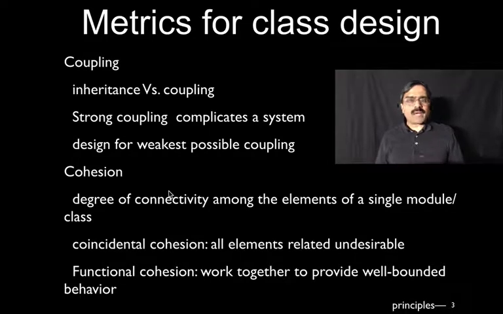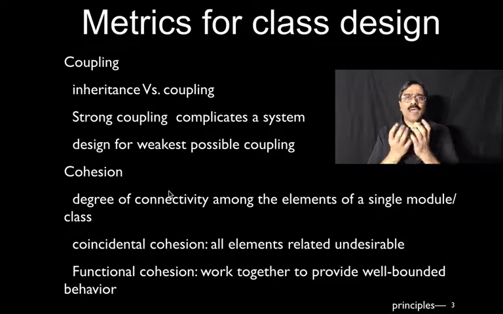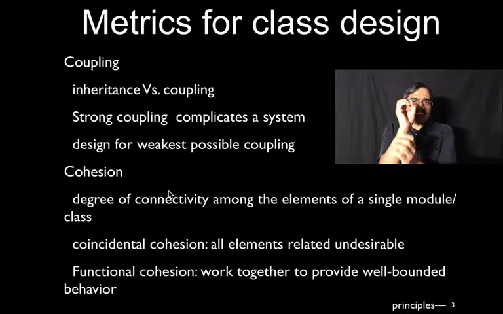You want to create a design where the cohesion is very high and the coupling is very low. And when high cohesion is there, it crystallizes the code and it becomes really small and focused, a tiny little thing that does one thing and one thing well.